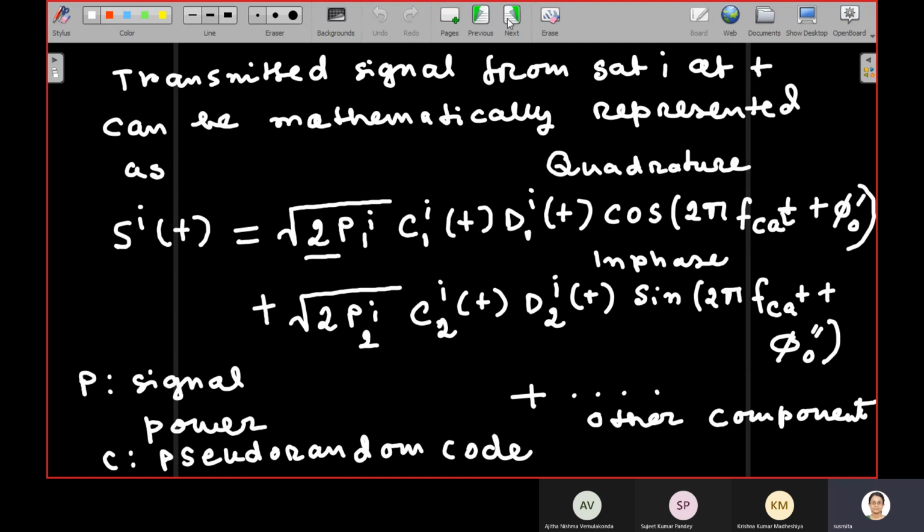Now let's quickly see how the modulated carrier looks. So basically when we multiply this C and D to the carrier, this is the carrier, right? Cos and sine, basically two components, in phase and quadrature phase components. And then when we multiply C and D this way to the carrier, this is called BPSK modulation. Okay.